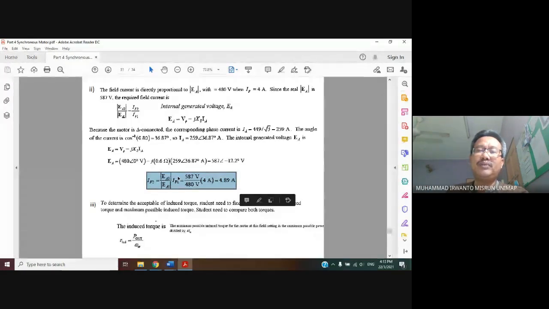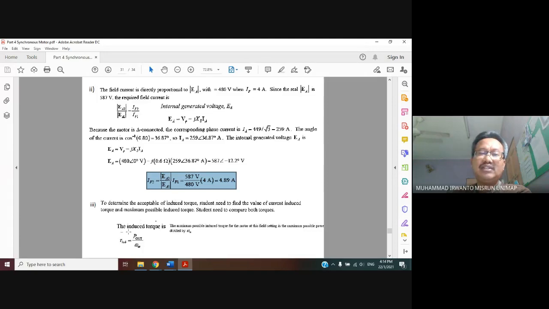So 587 over 480 multiplied by the field current, we can obtain the value of IF when the internal generated voltage reaches 587, which is 0.89 amperes. Then we want to find the induced torque for both conditions, meaning whether it is acceptable or not for this condition.